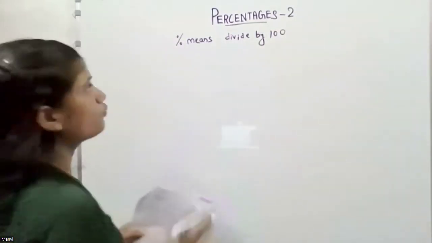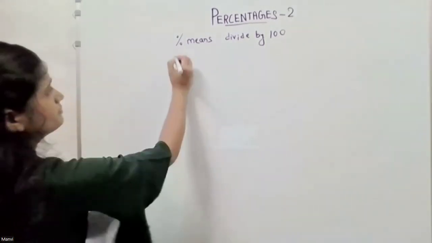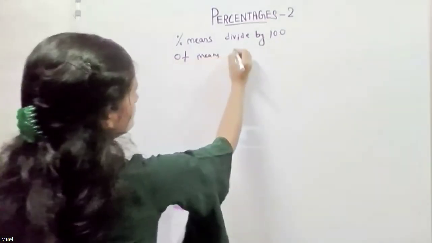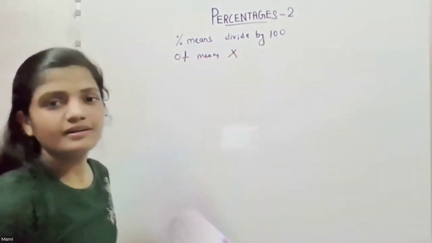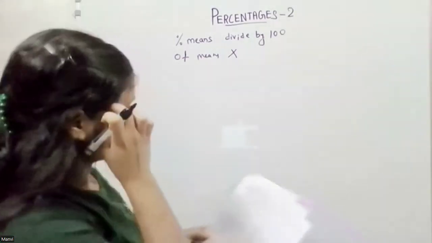And you know what "of" means? Of always means times, which is multiplication.